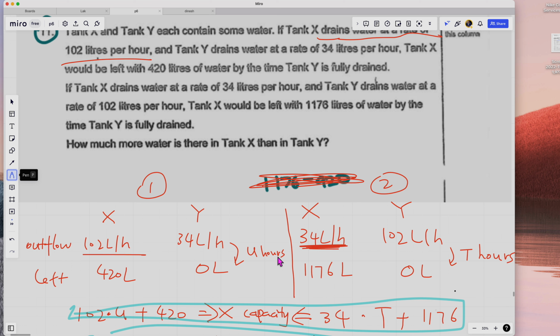Okay, after U hours is 420 for the X left, then for the 0 is drained already. Okay, good. So now it's 34, 102, then this will be 1176, and then this is 0. Okay, good. So far so good.